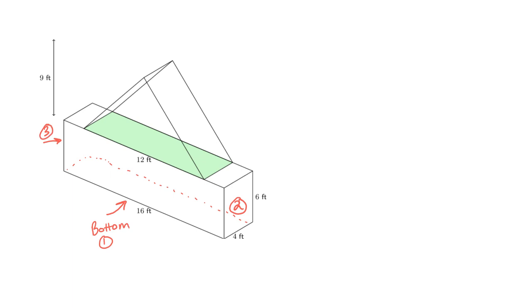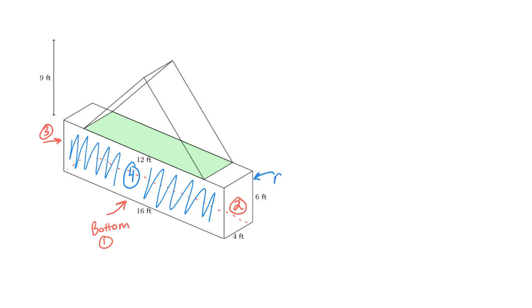These two are going to be the same. Then I have the front of this rectangle. I'm going to call this surface number 4. And I also have the back, which is going to be the same size as the front.